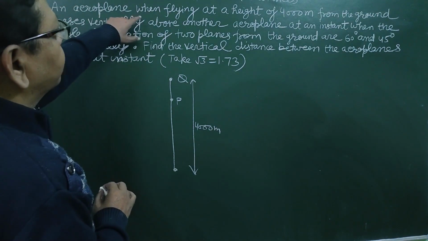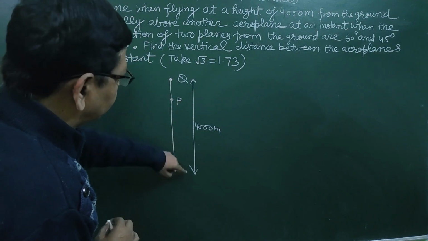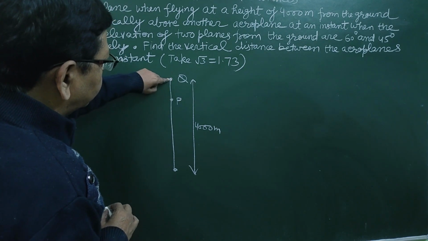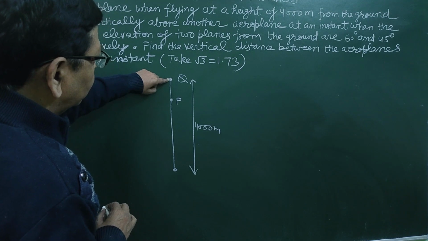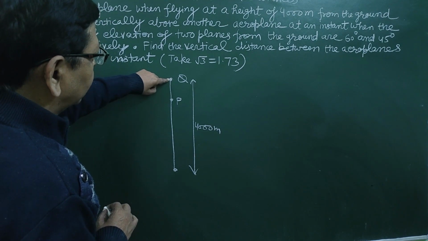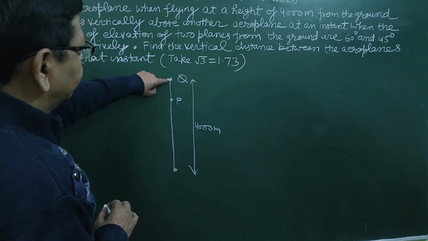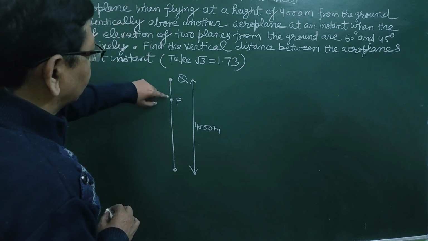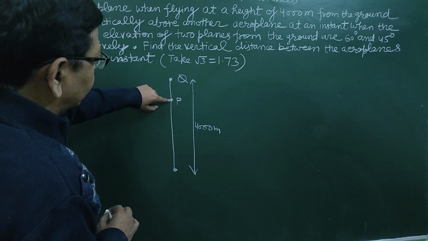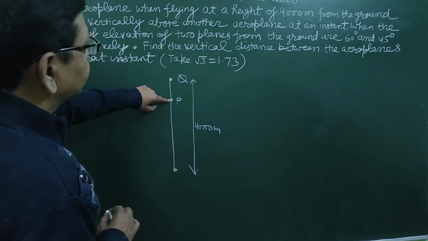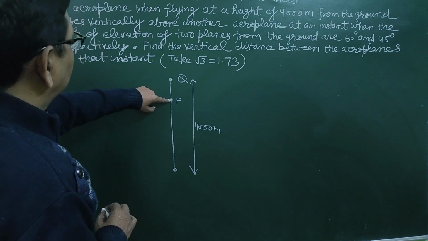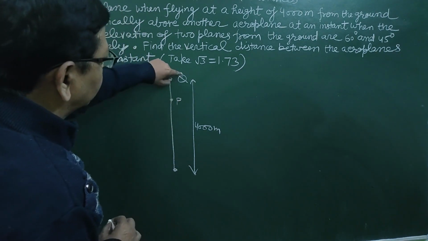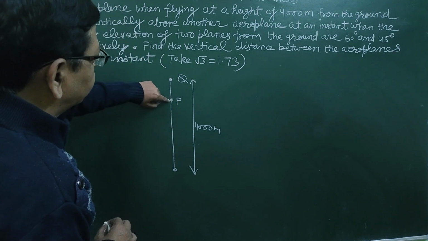An aeroplane when flying at a height of 4000 meter, Q is the location of the first aeroplane. It passes vertically above another. The other aeroplane is at the point P here.